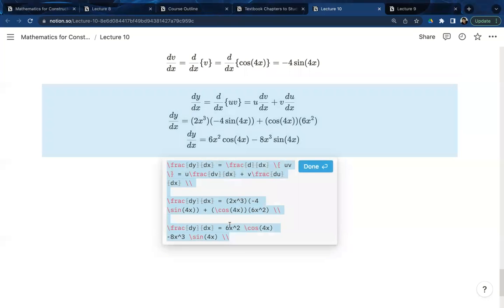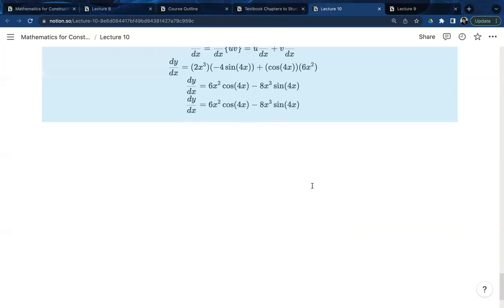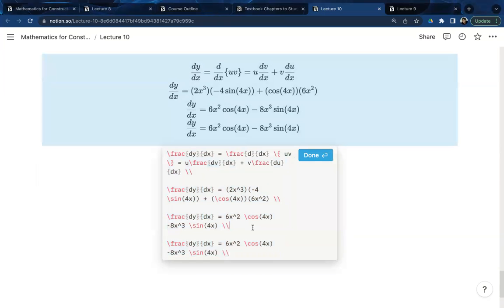And you can factorize this again. You always factorize your answers. What is the HCF for 6 and 8? It would be 2, and x squared.